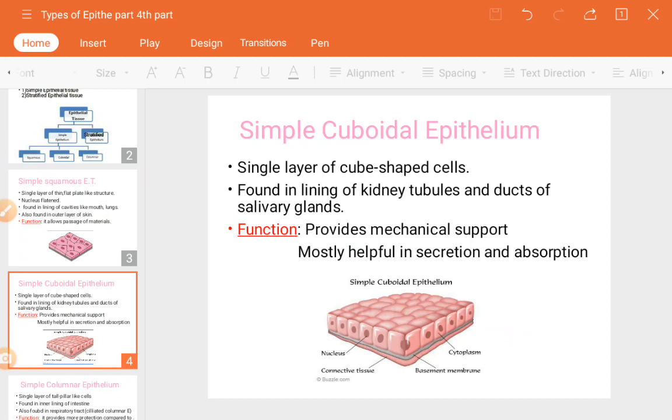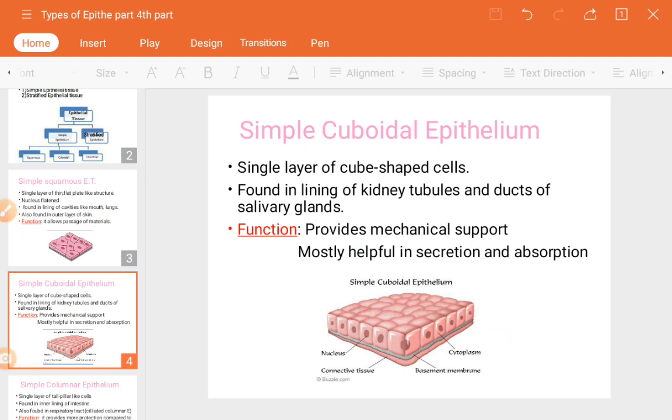Next, the function of simple cuboidal epithelium is that it provides mechanical support and mostly helps in secretion and absorption. So guys, the second point of the function is that it is mostly helpful in secretion and absorption. This is the function of the kidney tubules. The kidney tubules have the ability to absorb the minerals and nutrients, and secrete.